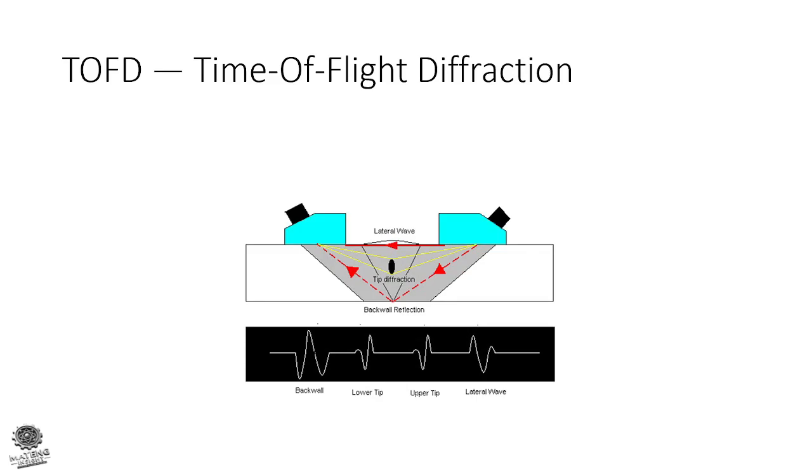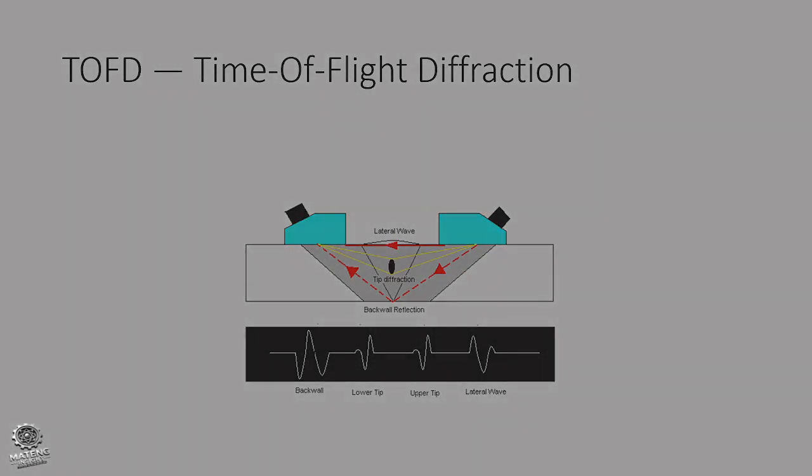TOFD. This method uses diffraction of ultrasonic waves at crack tips. A receiver is positioned on the opposite side of a weld or test region. Waves diffracted from the crack tips are timed to determine the precise location and depth of the defect.